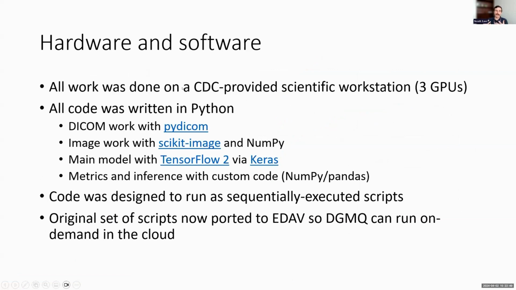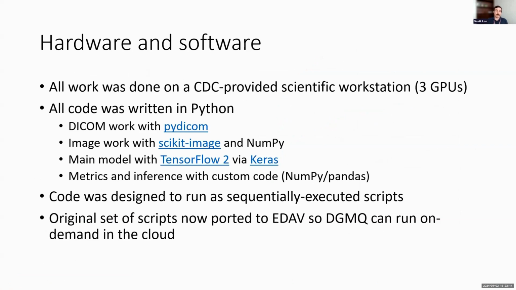And so just a note for feds, which is kind of interesting: how do you get this work done? We've got way more resources for doing deep learning now than we did 5 years ago, but all of this work was done on just a standard scientific workstation that CDC gave me. All the code was done in Python. Most of it was fairly custom, but we did use pretty normal libraries for this kind of stuff like TensorFlow and Keras.